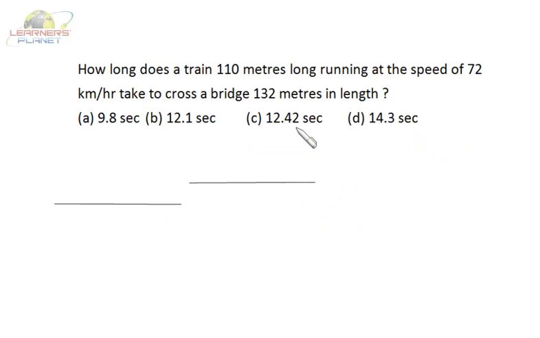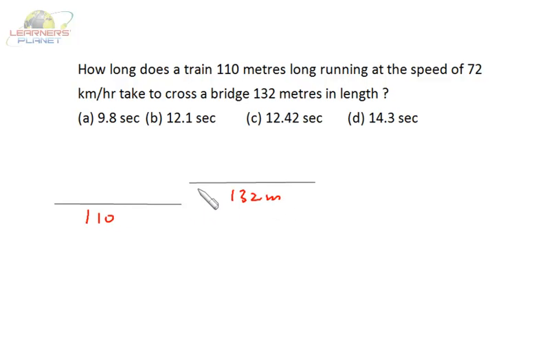Now let's take this case. How long does a train 100 meters long running at the speed of 72 km per hour take to cross a bridge 132 meters in length? Friends, in this case, the length of this stationary object is also significant along with the length of the train. Suppose it is a train, the length is 110 meters and this is a bridge, the length of which is 132 meters.